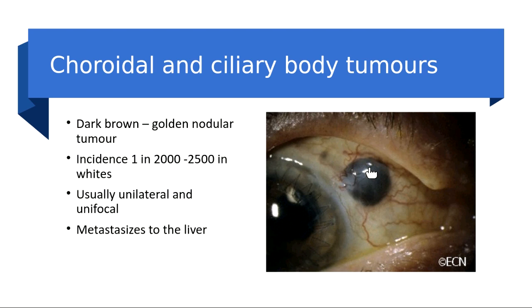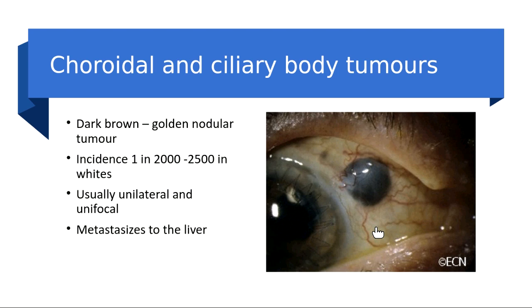Right. And you could actually see the blood vessels of the conjunctiva going over it. See the blood vessels? It's climbing over, covering the lesion. Right. All right, Jessica, good.